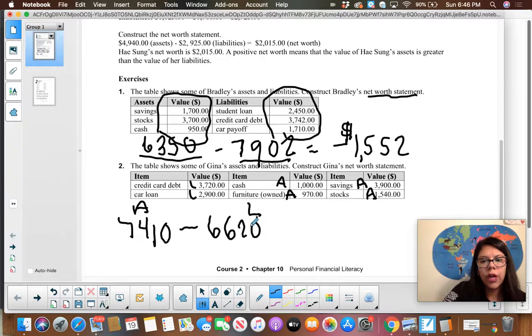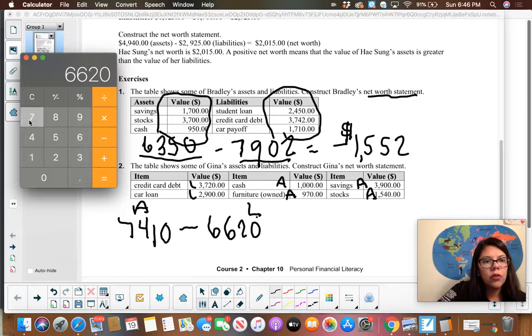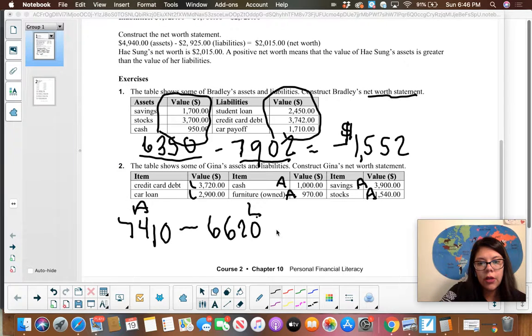Now we're going to subtract those two amounts to figure out her net worth. So 7,410 minus 6,620. She has a positive net worth of $790.